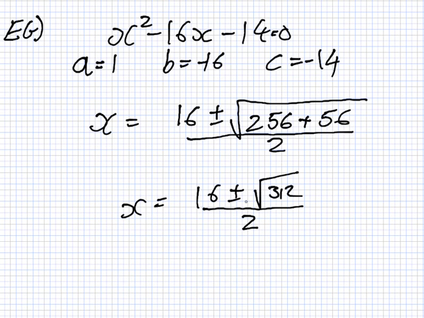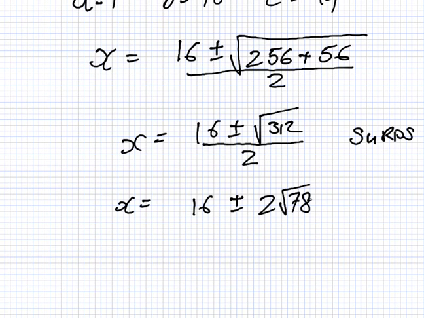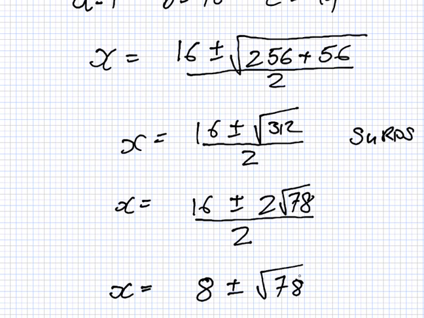Yeah, you got that? So now, using what we learned in the lesson on surds, I can change the root 312 into 2 root 78 over 2. So there's only one step left. I divide both of these by 2. So I have 8 plus or minus root 78 are the two answers.